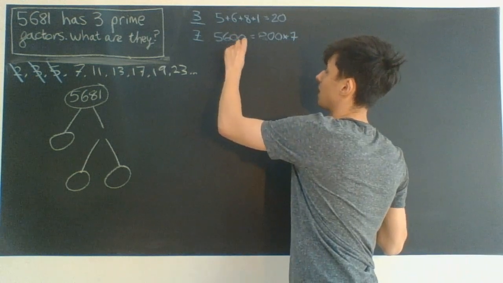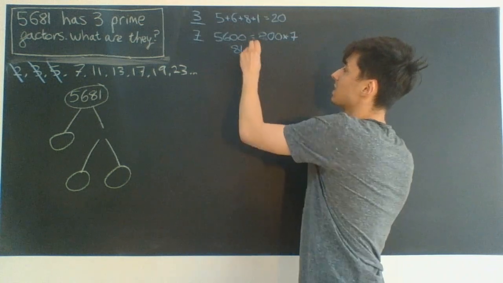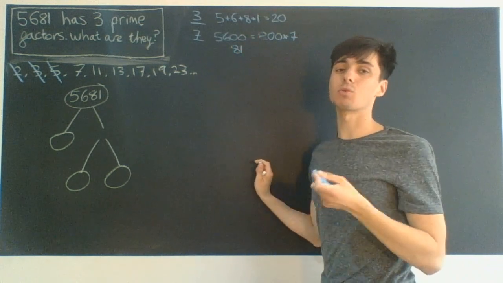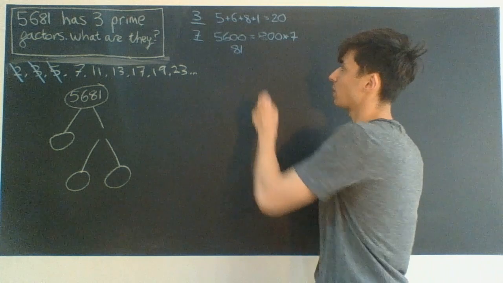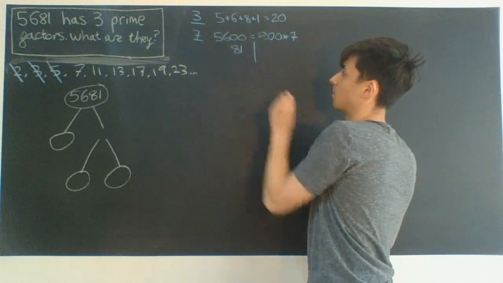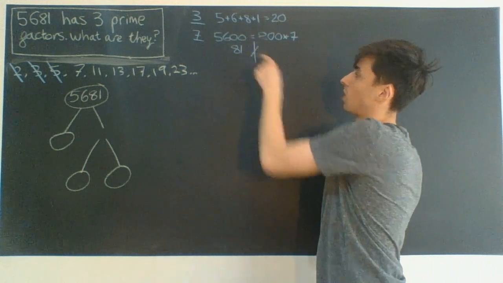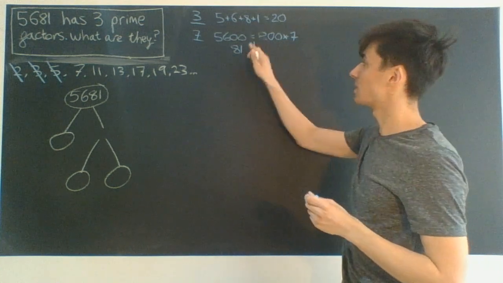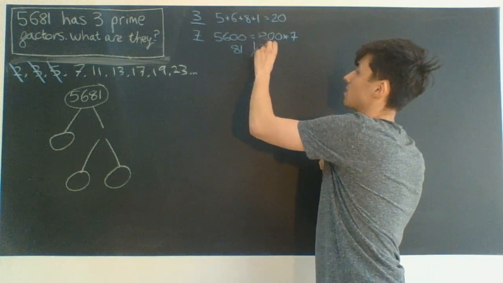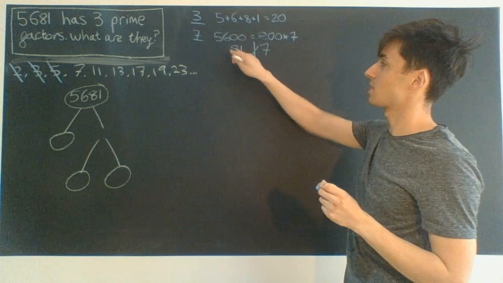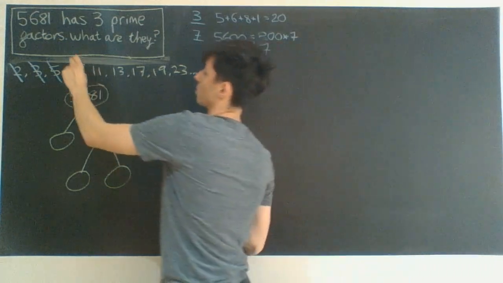If we're thinking about 81, well, 81 is not divisible by 7. And we can write that like this. A vertical line and this diagonal line through it means 81 is not divisible by 7. So 5,681 is also not divisible by 7.